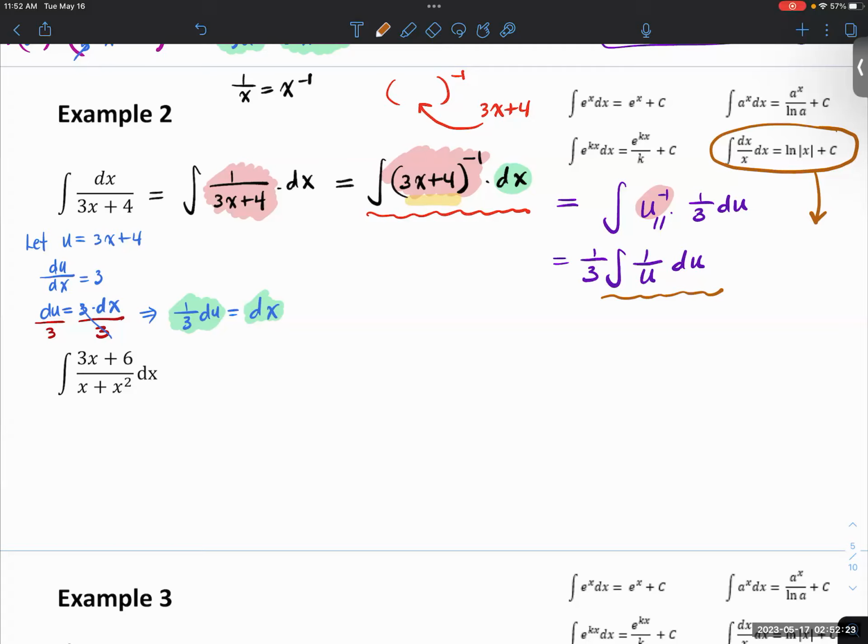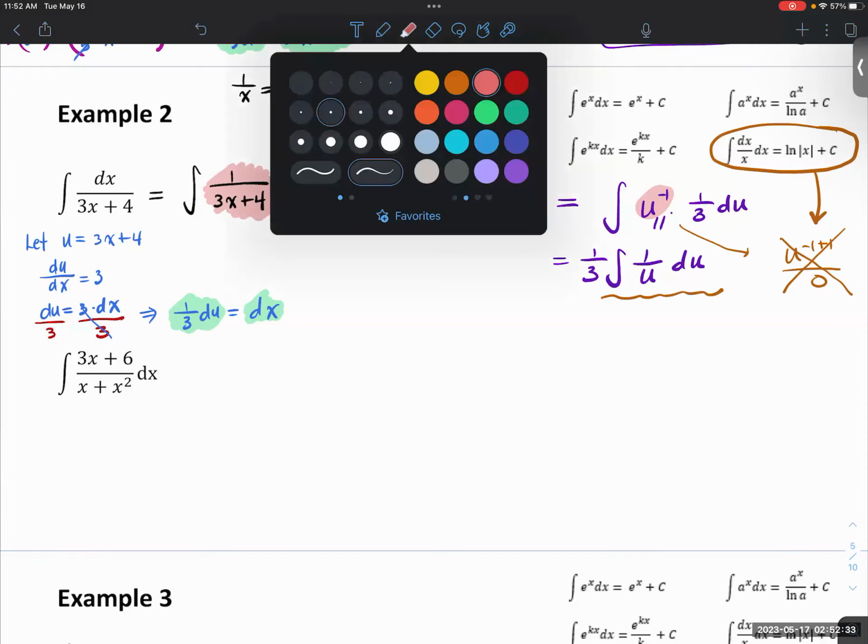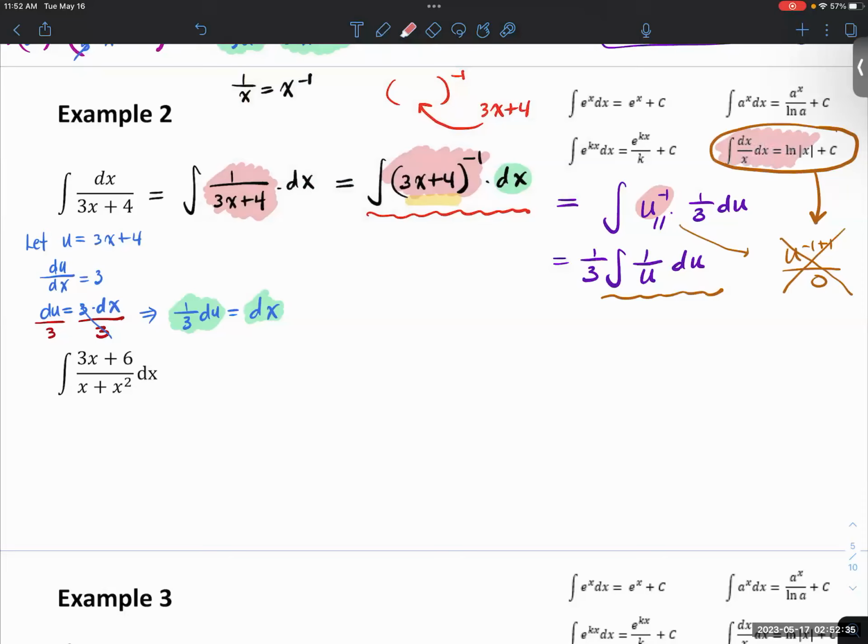You're not going to add 1. So many people feel like, oh, Professor Ben, negative 1 plus 1, wait, it's going to be undefined. So don't do it that way. Look at this. What did I say here? If you have the integral of 1 over x dx, it is going to be ln absolute value of x. So we are going to use that property. So it's going to be ln absolute value of u.